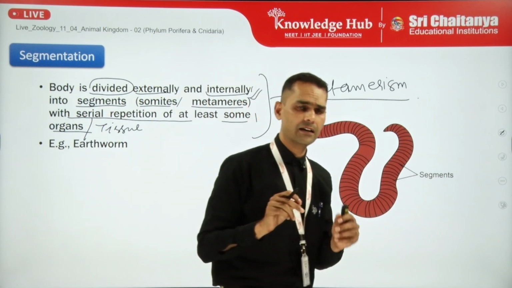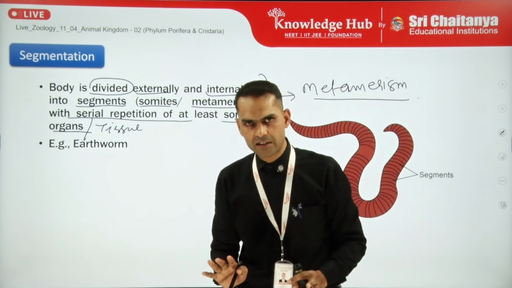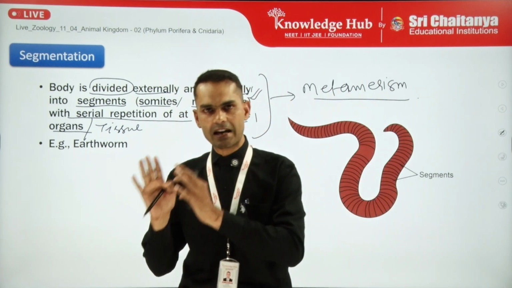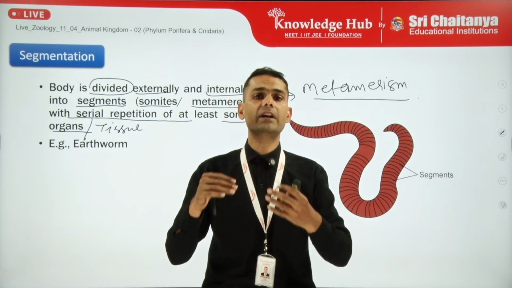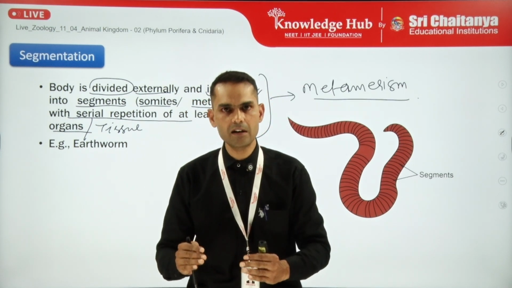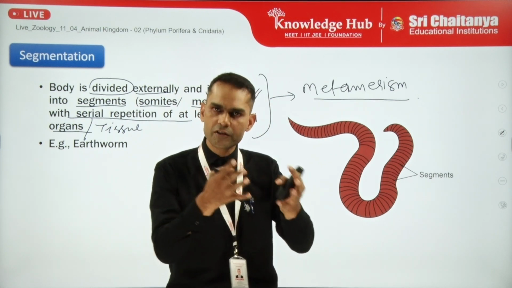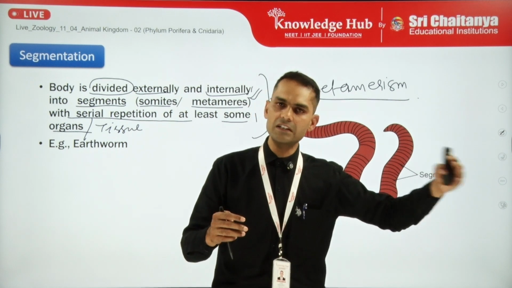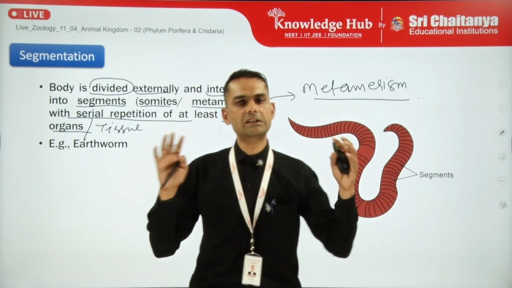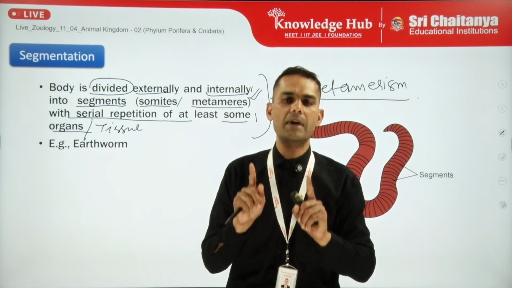It has been explained in the NCERT that for metamerism, the external segmentation corresponds to internal segmentation, followed by the serial repetition of at least some organ or structure or tissue in each of the segments. So when all of these conditions are fulfilled, only then can we call it metamerism.